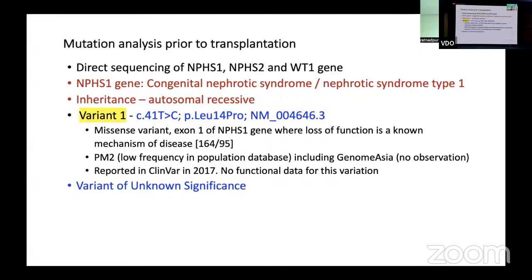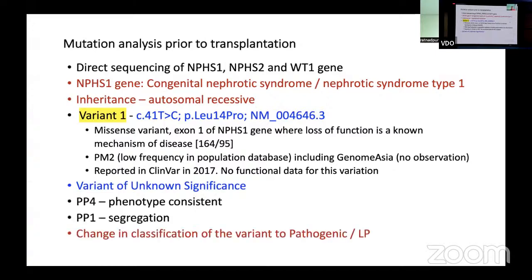Compared to the previous variant, that was a pathogenic and a likely pathogenic variant because of the impact on the protein and the fact that it had been previously reported in a patient where functional studies had been done, which remains the gold standard. Then we did further things. We correlated it with the disease phenotype, and we segregated the variants in the parents.